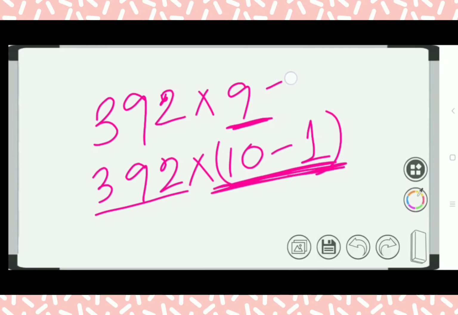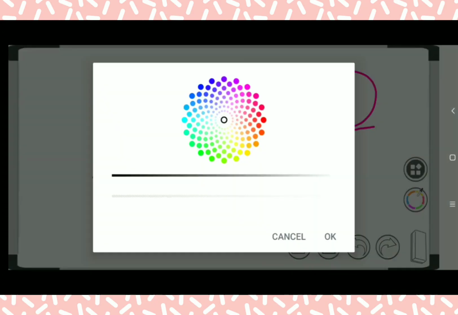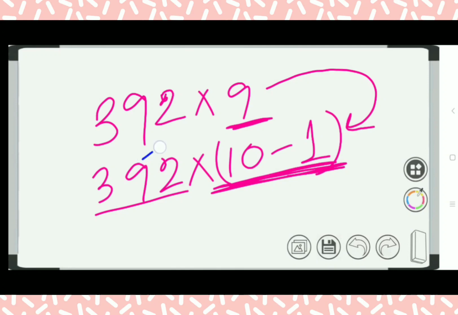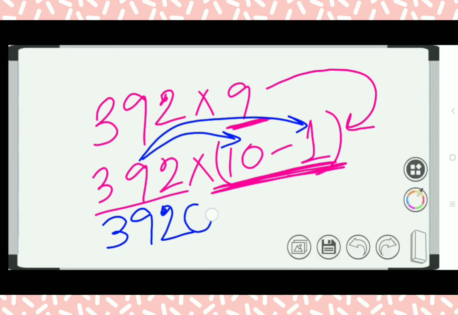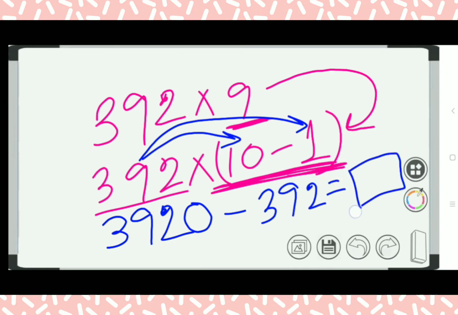We have broken 9 into 10 minus 1 in this way, and we can use the distributive property here. How to distribute it? See, this 392 will be multiplied by 10 once, and this 392 will be multiplied by 1. Then both of these products will be subtracted. See, first multiplying it by 10, it is coming 3920, then subtract minus sign, then 392. Okay, whatever we are getting as our answer, that is the product of 9 and this particular number.